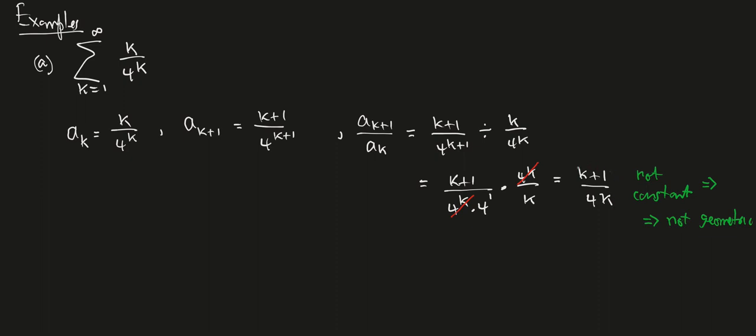The ones where the ratio comes out to be, again, let me just throw a couple buzzwords out there, this type of function, we've seen it many times. It's a rational function. It's basically a ratio of polynomials. Whenever your ratio of successive terms comes out to be a rational function that's not a constant, then we call the series hypergeometric.